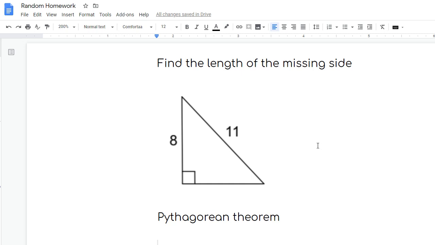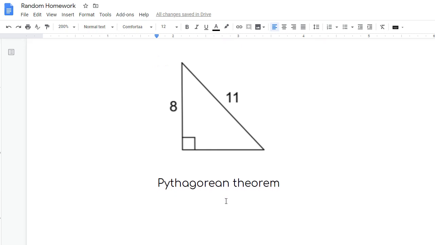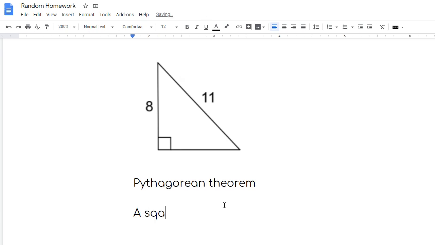For the Pythagorean theorem, we have something like this: a square plus b square equals c square. That is the statement that I want to change into a mathematical equation by replacing some of those things with variables and with some symbols.